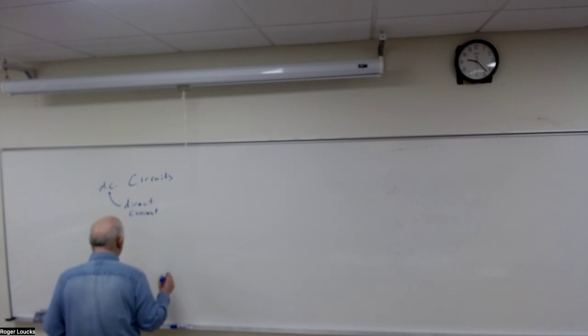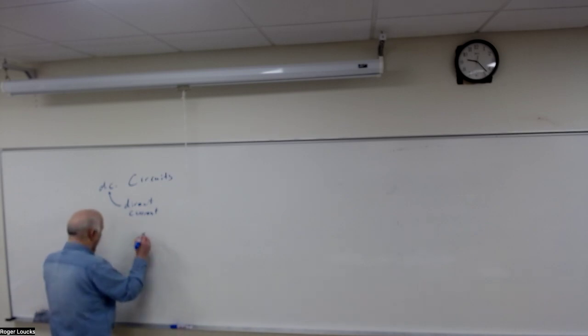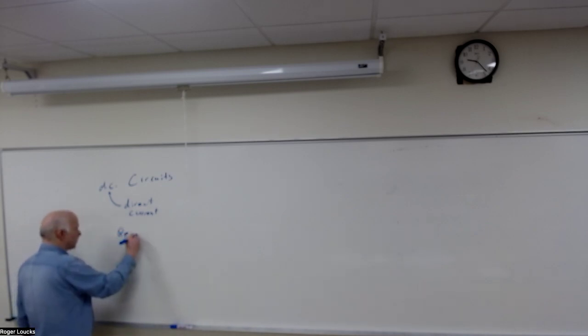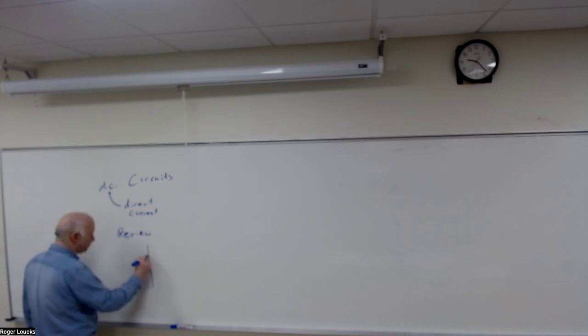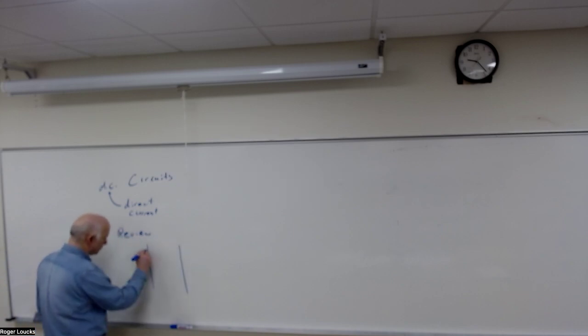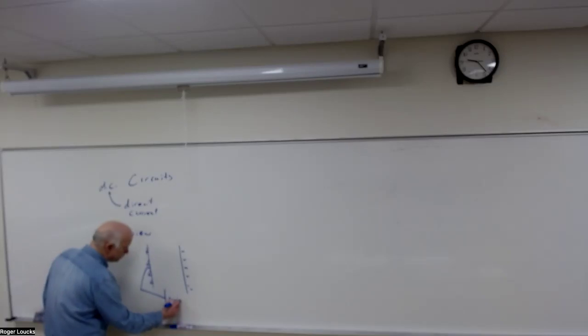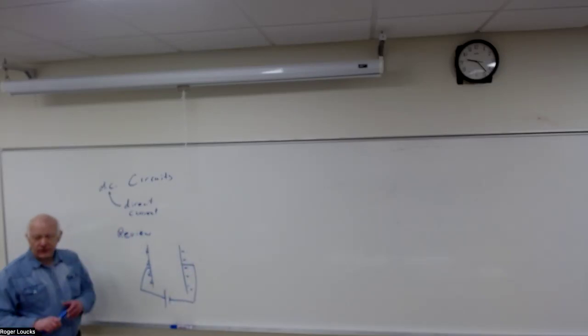Let's do a little review first. If we had two plates like this, and I put a positive charge here and a negative charge here, remember I had a battery here. How do we say the electric field goes?